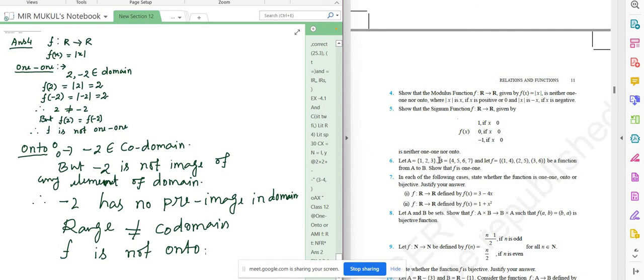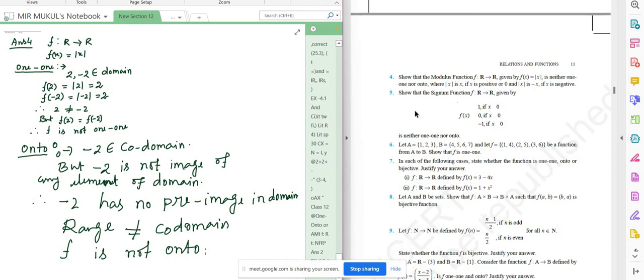Question number 5 also, similarly we can prove. It is the signum function, right? If you take like 1, 2, 3, every image will be 1 only. So it is many-one, it is not one-one. And here the range contains only 3 elements, 1, 0 and minus 1, but the codomain is the set of real numbers.